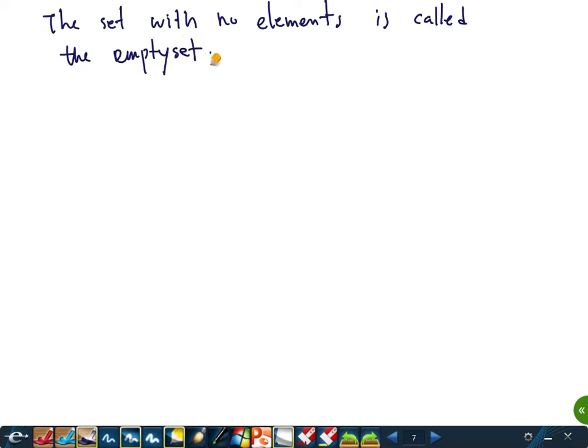And we write empty set usually this way, or sometimes this. They mean the same. Empty set notation, or this curly brace with nothing inside. So what is the cardinality of the empty set then? 0. The number of elements, there's nothing, so 0.